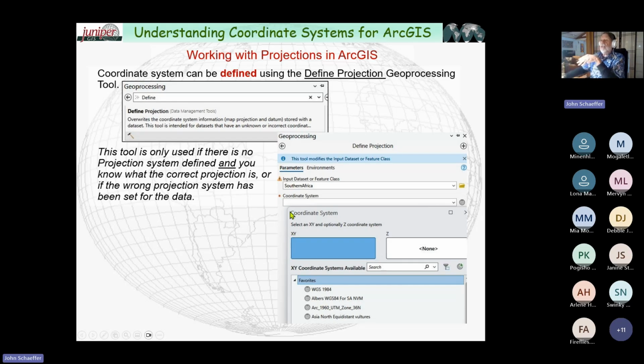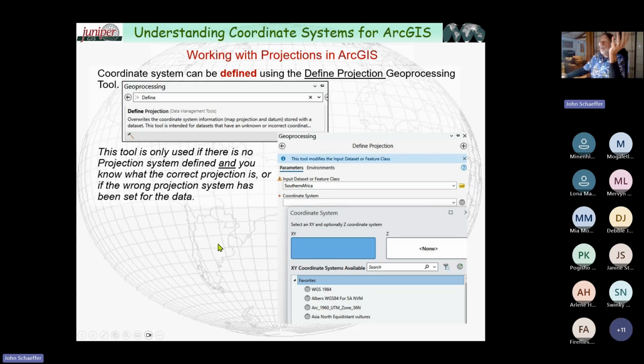You're just giving it a different name for a coordinate system so that ArcGIS can interpret the values inside the data based on this particular coordinate system, rather than the one it had been named before, or the one it had been mistakenly named, or didn't even exist, okay?